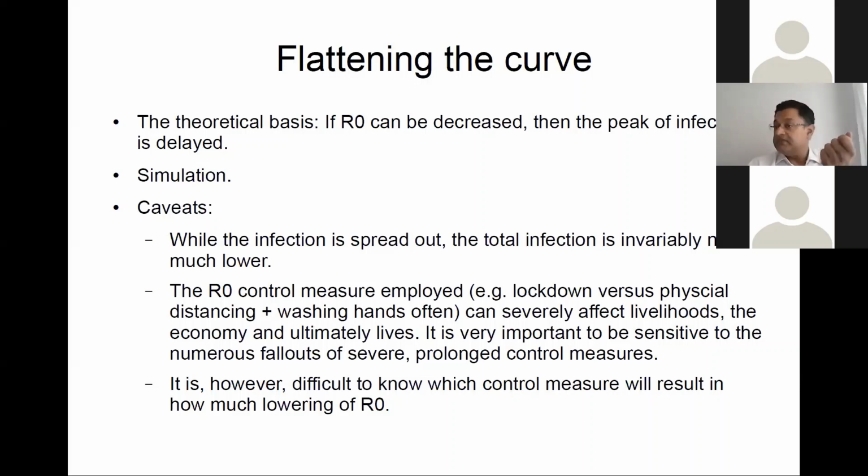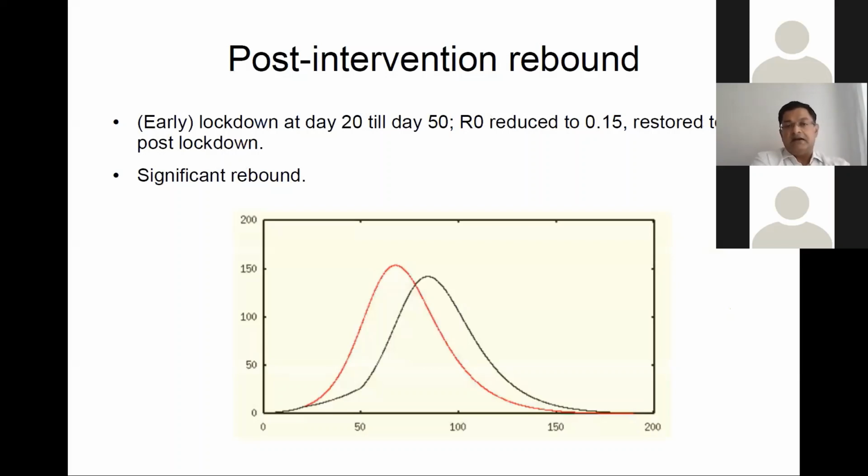This is a hard problem, something that one worries about a lot, and it's not fully clear how much you can control R0 by these different measures. That's something one should worry about, and one should continue to do research on this. Now let me show you one final set of simulations on 2 slides.